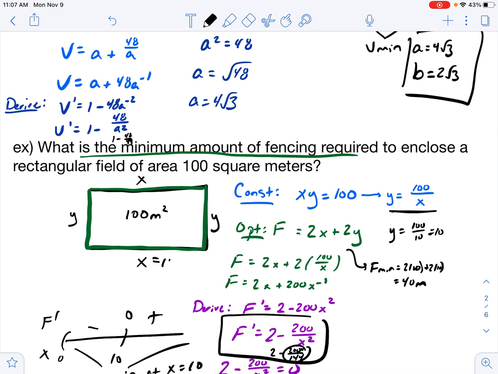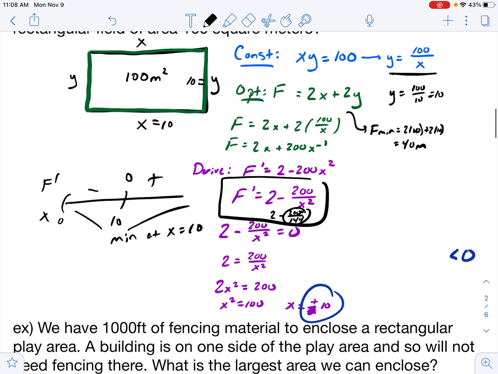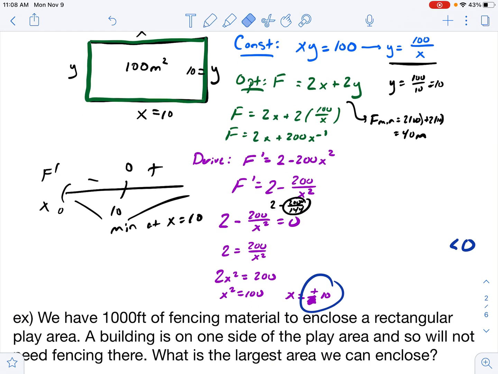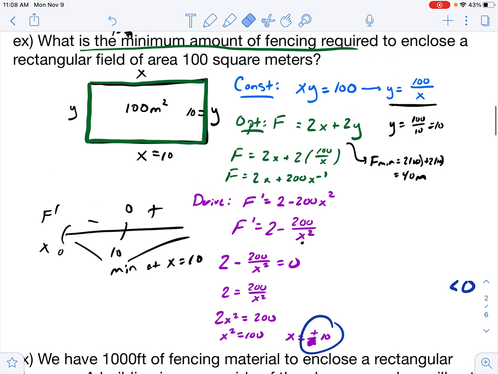In fact, if x and y are both 10, the largest possible rectangle is actually a square of side length 10. And that is absolutely the correct answer: 40 meters to enclose 100 square meters.